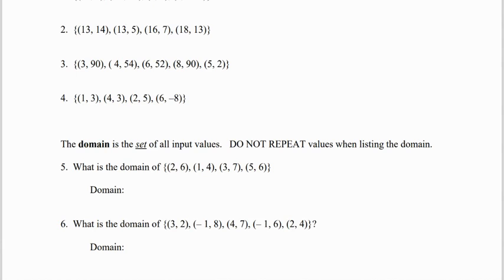The next vocab word is domain, and it's the set of input values. And I'm going to put here, AKA, the set of x values, because remember, an input is an x value. So your domain is the set of all inputs.